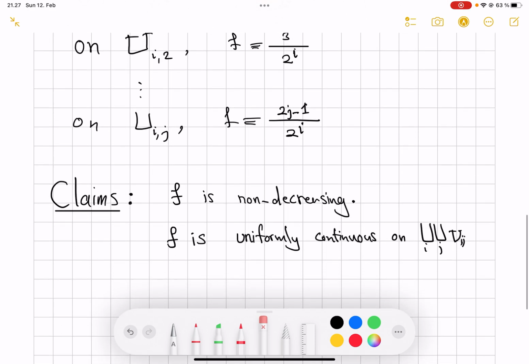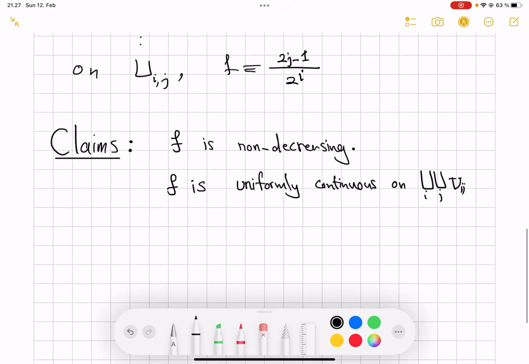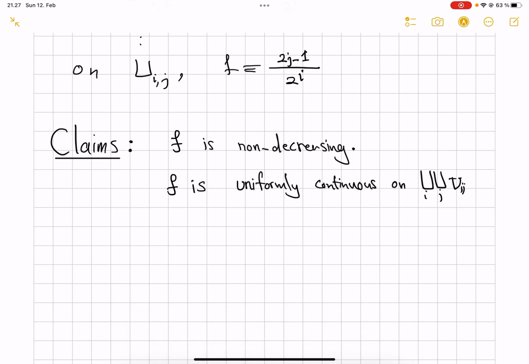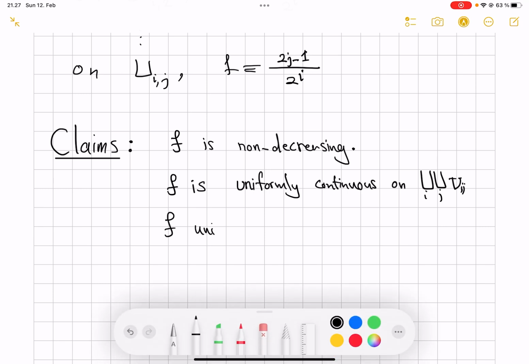Now, what do these properties guarantee us? There's another exercise: if you have a uniformly continuous function defined on any subset, then you can uniquely extend it to a continuous function on the closure. Also here being monotone helps.